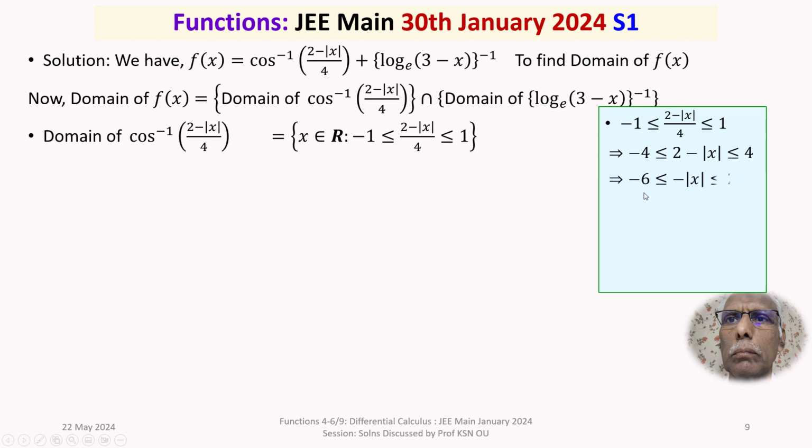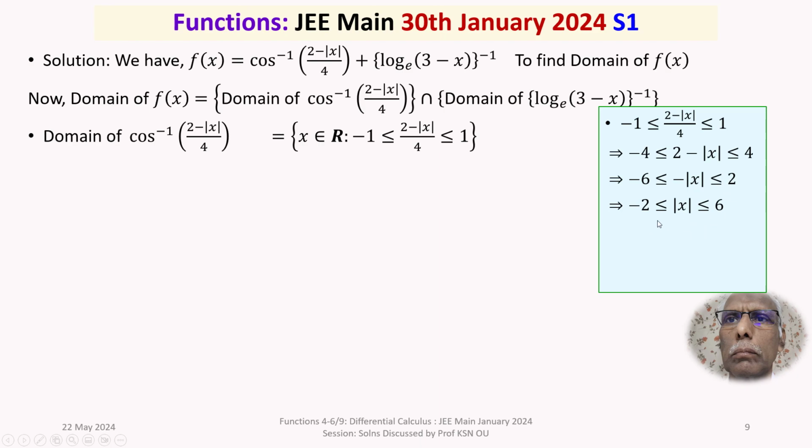Then you'll get minus 6 less than or equal to minus mod x less than or equal to 2. Multiply throughout by minus 1. The inequalities get interchanged. So then it will be minus 2 less than or equal to mod x less than or equal to 6. You are multiplying by a negative number, therefore the inequality reverses.